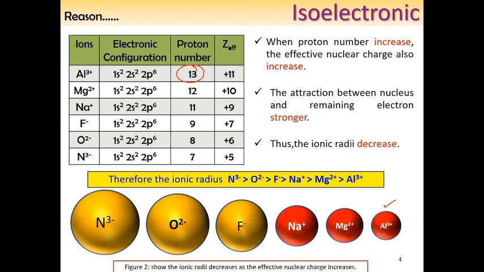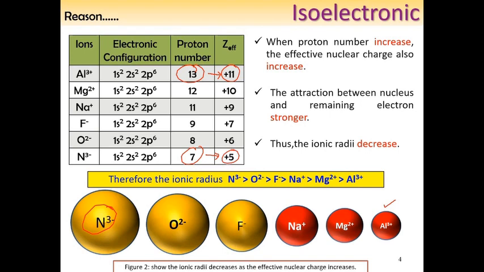The largest would be nitride, which only has 7 protons. The higher the number of protons, the higher the value of effective nuclear charge. So that's the reason.